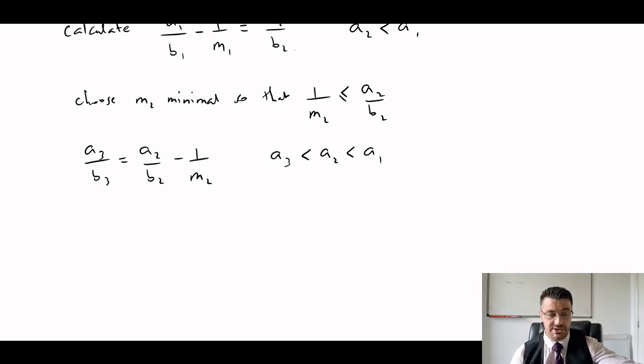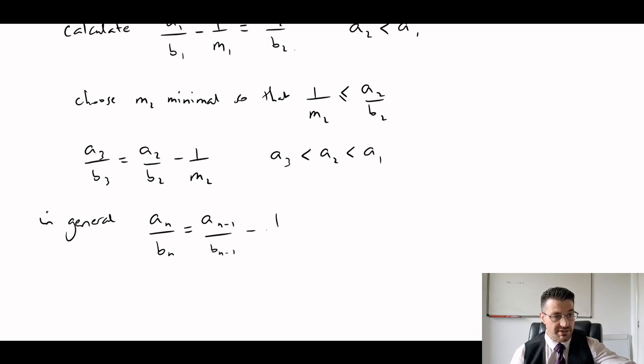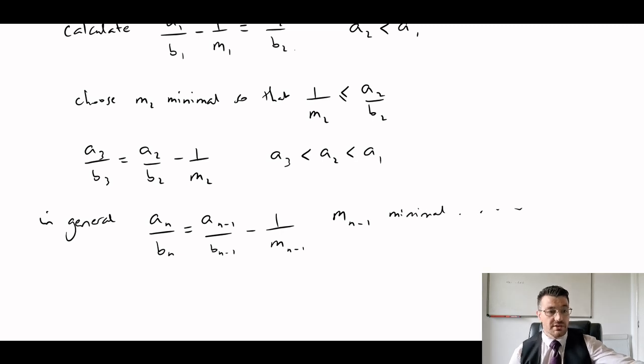If you want to write out a general form, in general you might have something like An over Bn is equal to A(n-1) over B(n-1) minus 1 over M(n-1), where M(n-1) is minimal, whatever.